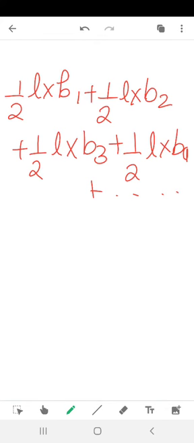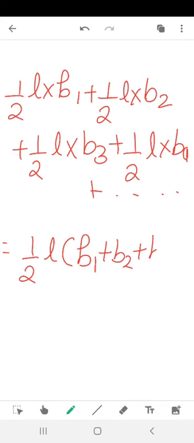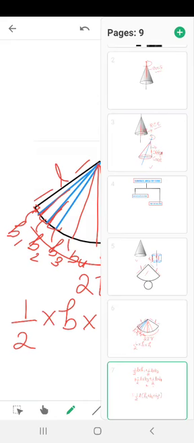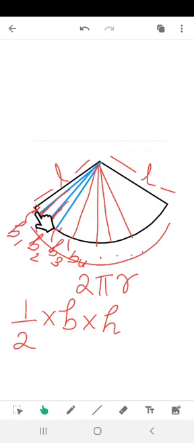Okay, so now I can see that half into L is common in each and every term of this. So I'm just taking that common half L, and in bracket I have now b1 plus b2 plus b3 plus and so on. Okay, so now what is this b1 plus b2 plus b3? Look over here. So this is b1, this is b2, b3, b4, b5, b6. So it is basically making this up.